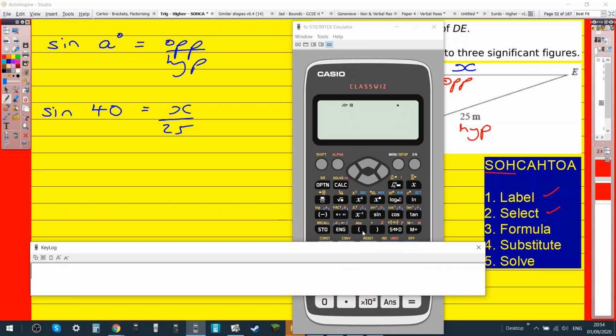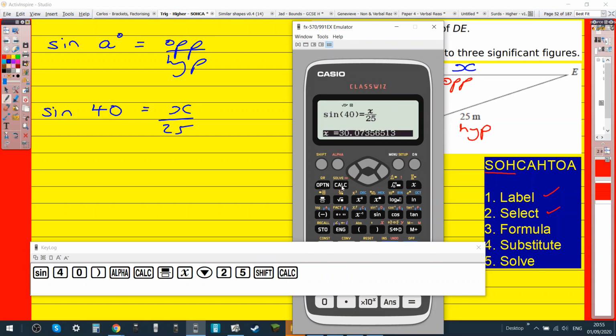And then x over 25. Yep. And then you press shift calc. Yep. And then any number. Pick a number, a guess number. And then you can press equals twice.